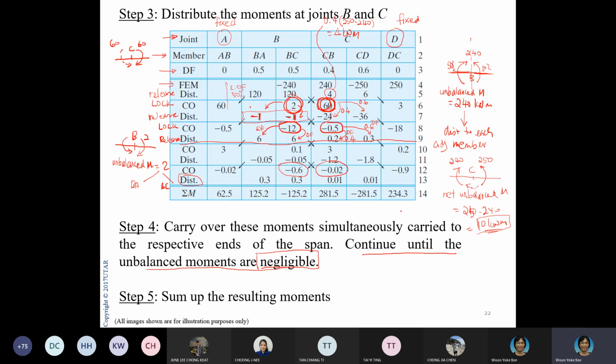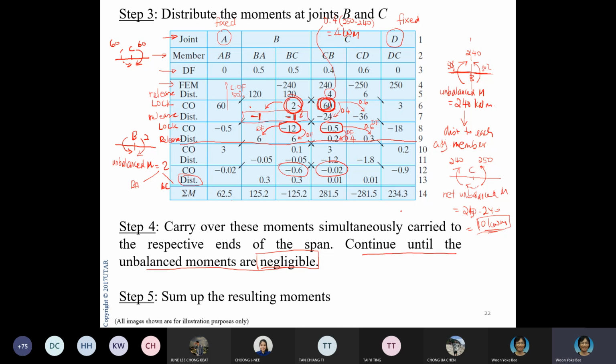For our course, I would suggest that you continue until the unbalanced moment, compared to the original FEM, is quite negligible. When I was a student, girls being girls, we tend to be a little more cautious, so we did a few more rounds.